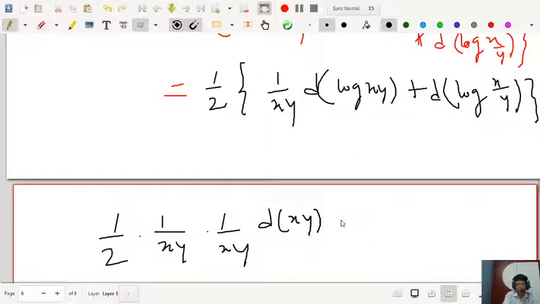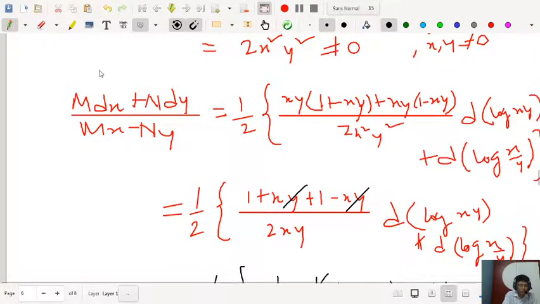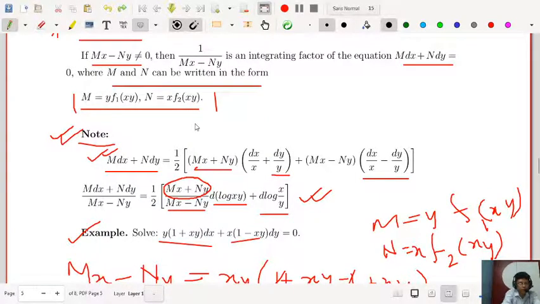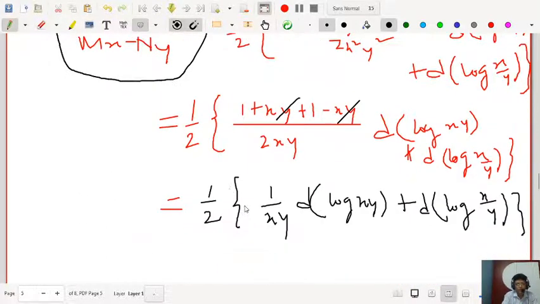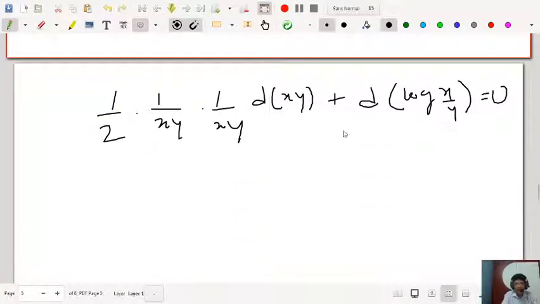And d of log of x by y equal to 0. This is the equation. This is the simplified form, because I simplified this result first. So that is the 3 steps or 4 steps required to calculate that, and this is equal to 0.